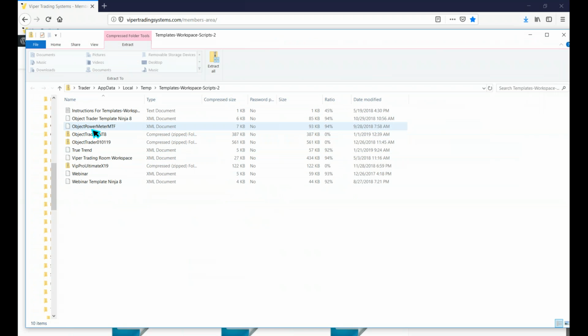The template that we're using now is Object Power Meter MTF. You can just right click, copy that, and then copy it to your Documents folder, NinjaTrader 7, templates, chart. It's in the instructions too, in this little text file here.